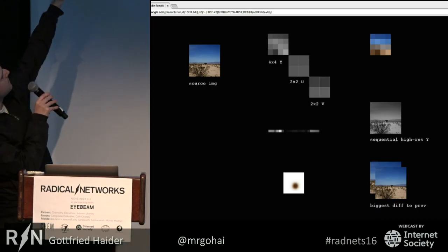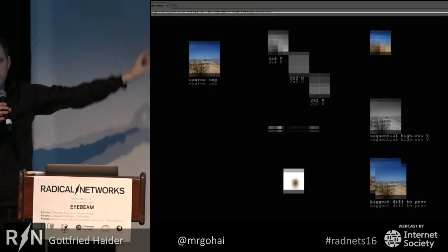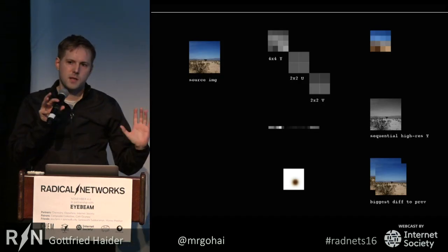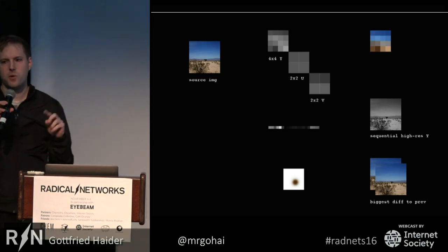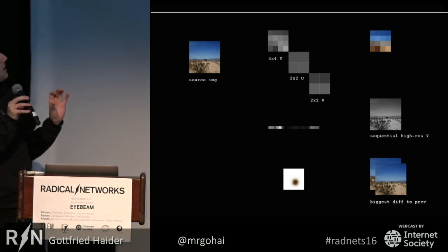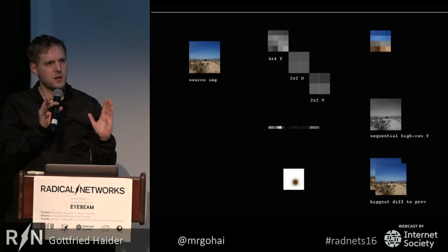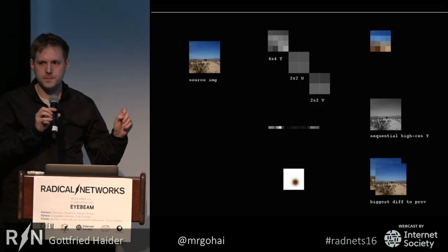So on the top left, you see some source image. The camera can take higher resolution images, but I'm taking the lowest resolution, which is 160 by 120 pixels. Out of this 160 by 120, the code crops out a 120 by 120 rectangle.